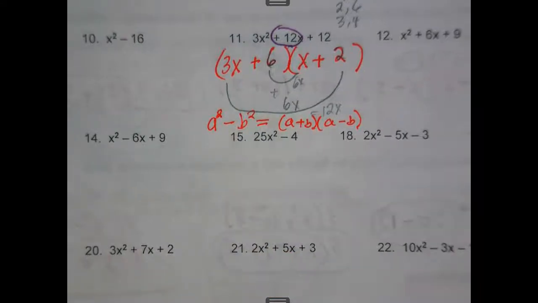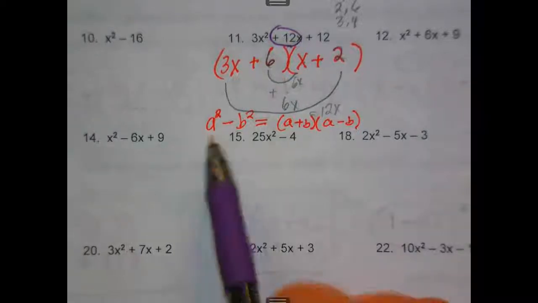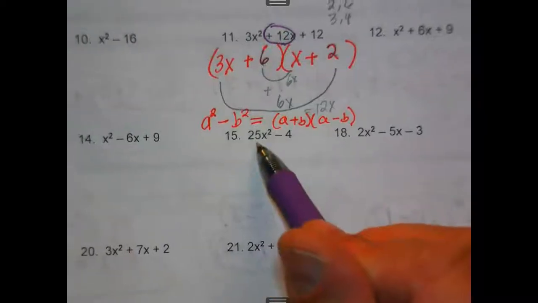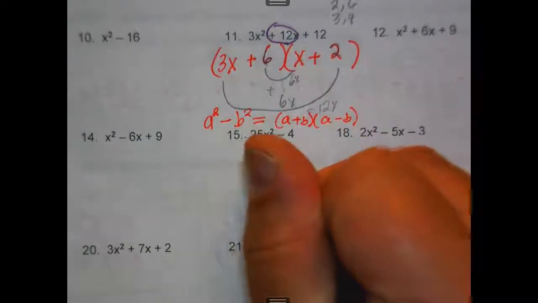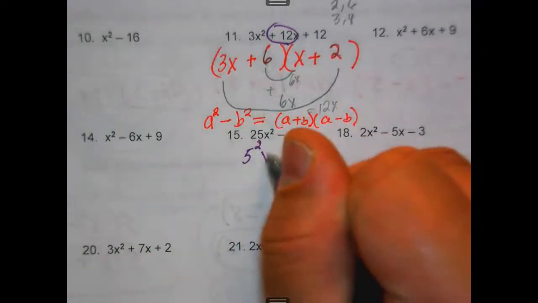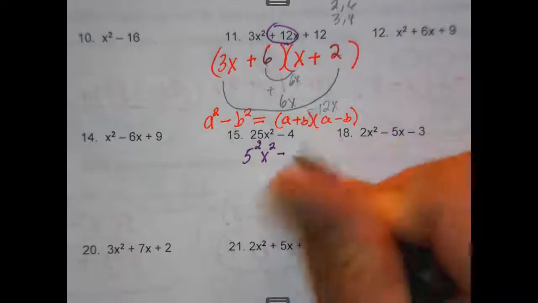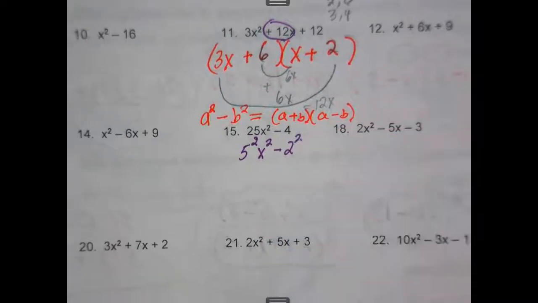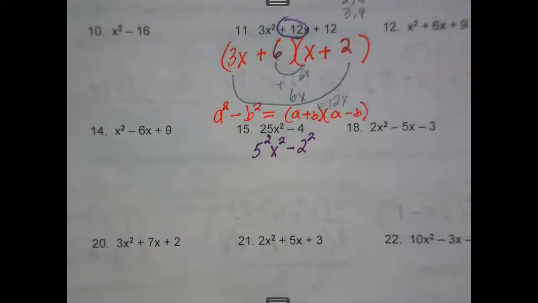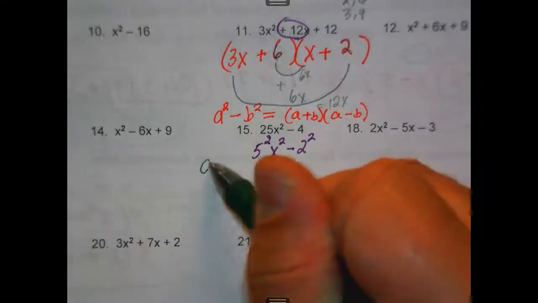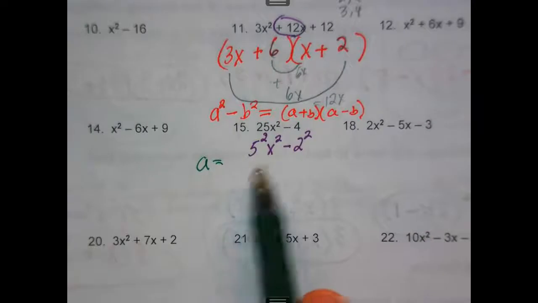Now, in problem 15, I'm going to change my numbers to make them powers of 2. What's the square root of 25? 5 squared, x squared. What's 4? That's right, 2 squared. Now, my A is what? It's going to be the base, right?